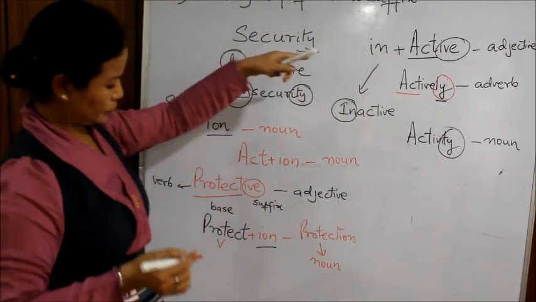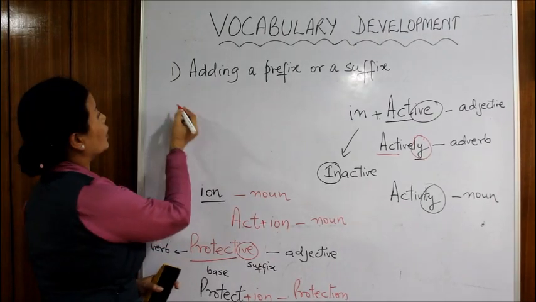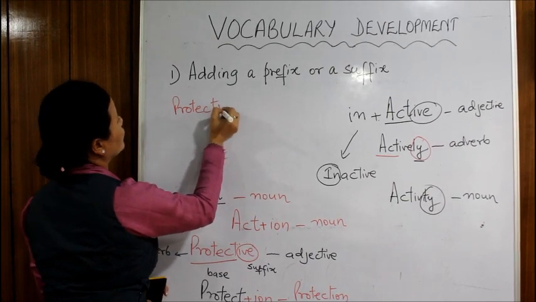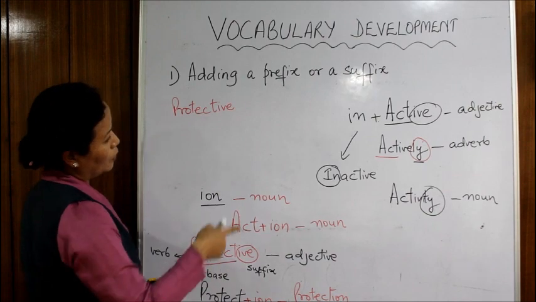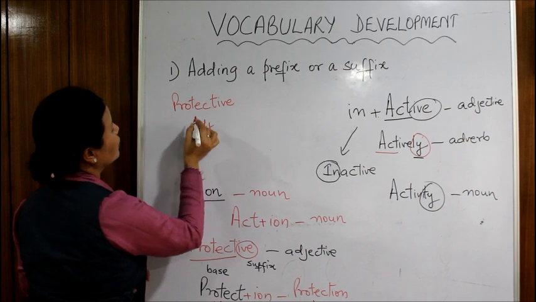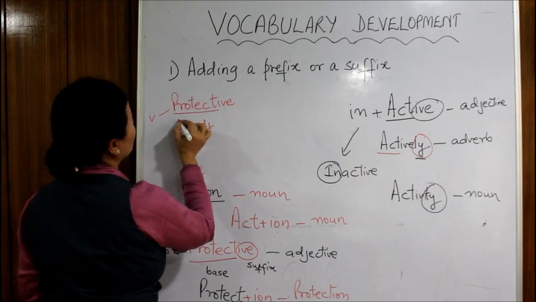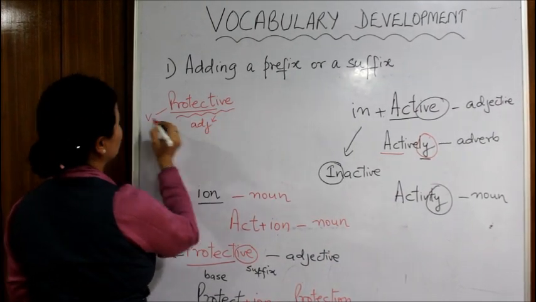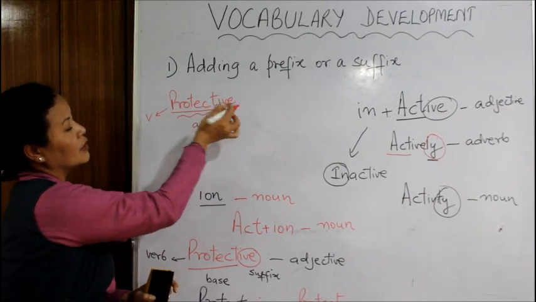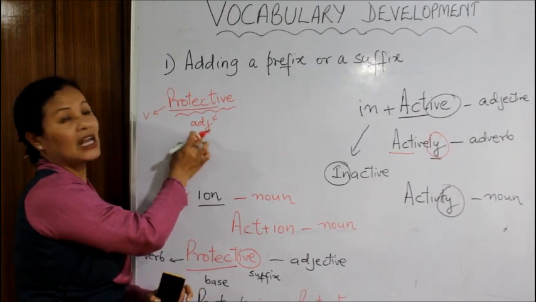And now let's take this suffix ly. Protective is the adjective. So protect is a verb, and protective is the adjective. On adding the suffix IVE to the verb protect, the word changes into its adjective form.